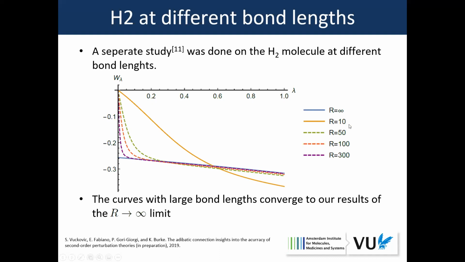You can see that when he increases the bond length of his H2 molecule, it seems to become very close to our results. Even though R is 10, it doesn't seem to reach our results, but if we increase the lambdas, eventually it will also converge to the blue line we have here. So we now know that our results are correct, and that our limit was correct, and that the same can be observed for the H2 molecule.